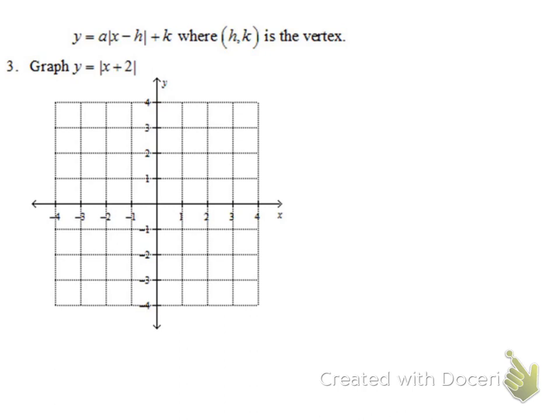Find the vertex here. Again, we see a minus in the formula, so our h here is -2. We don't see a k, so it's 0. Draw your axis of symmetry going through the vertex.